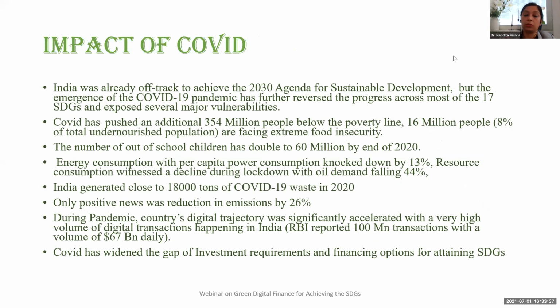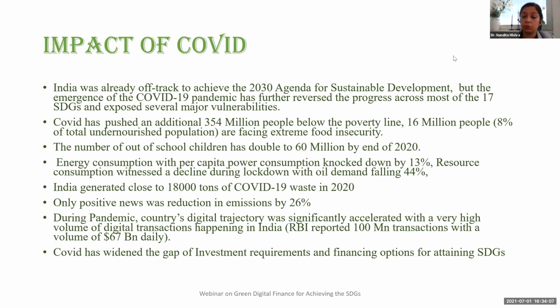So when we talk about the target and the requirement of investment in the next 10 years, we require more because we have taken a step back because of COVID. India obviously is off track with its 2030 agenda of sustainable development, and COVID has pushed it back further, because we now have 16 million more people in India who are below the poverty line.